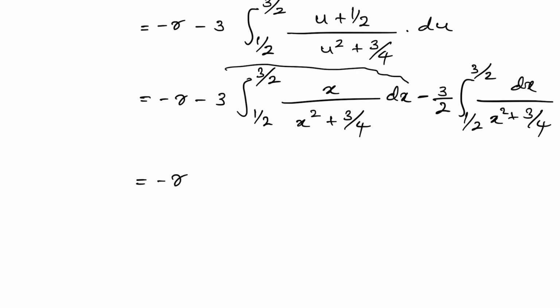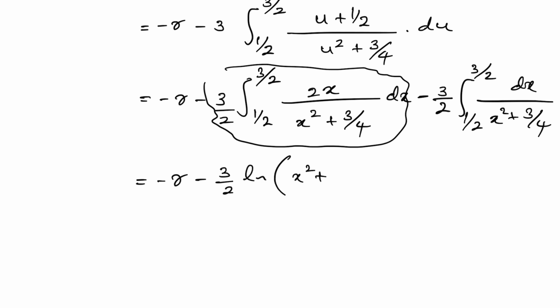To evaluate this integral, we know the derivative of the denominator is equal to 2 times x. So I'm going to write here 2 times x, so we should divide by 2. So we have minus gamma minus 3/2 times, for this integral, the natural log of (x squared plus 3/4), limits from 1/2 to 3/2.